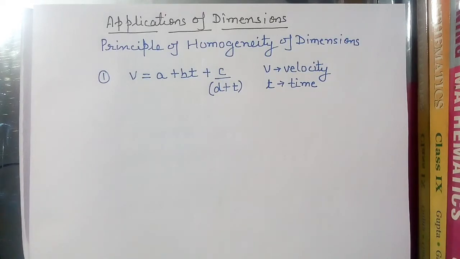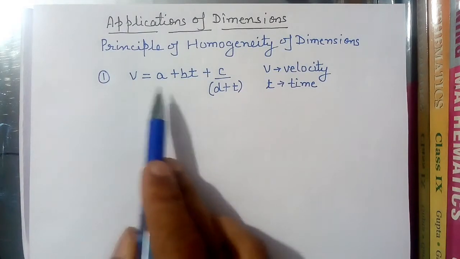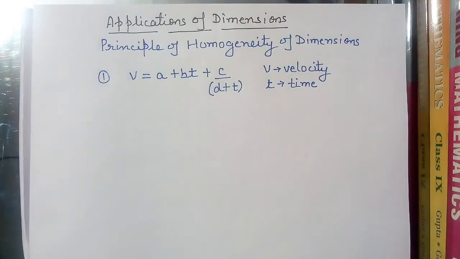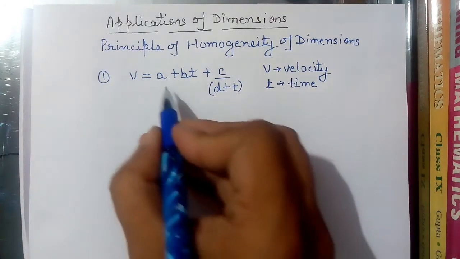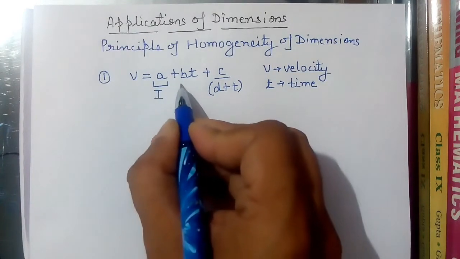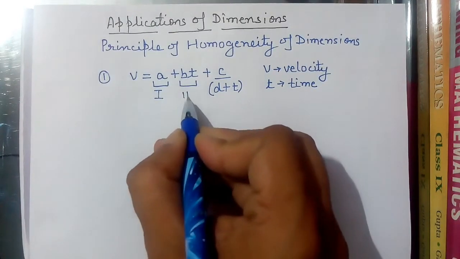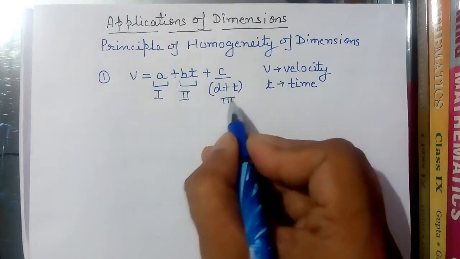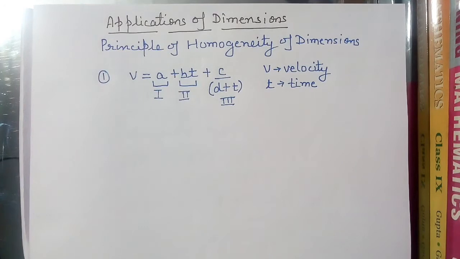Now if we consider this equation, on the left hand side only velocity is there, and here we have three terms. This A we can treat as the first term, this we can treat as the second term, and this whole we can treat as the third term. So velocity is equal to the sum of the first term plus the second term plus the third term.